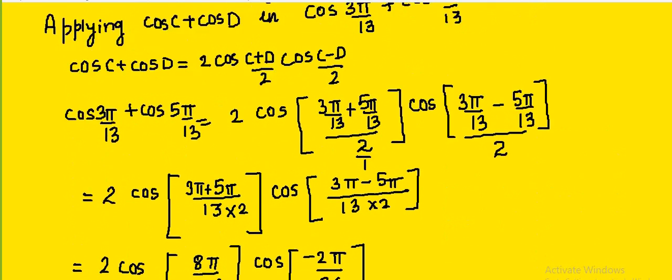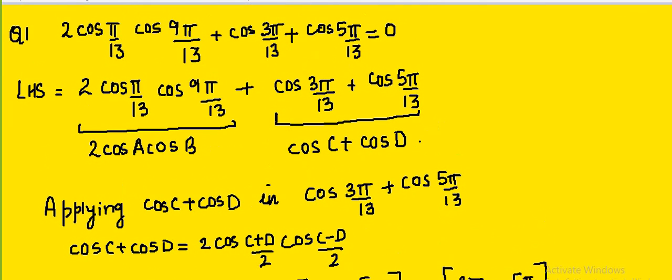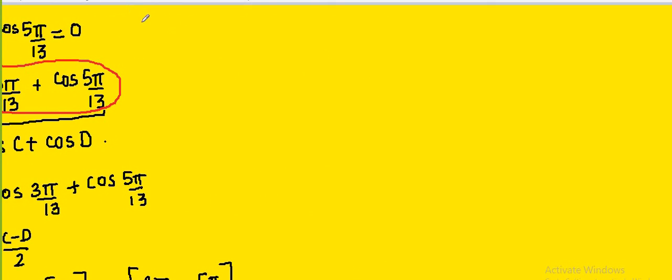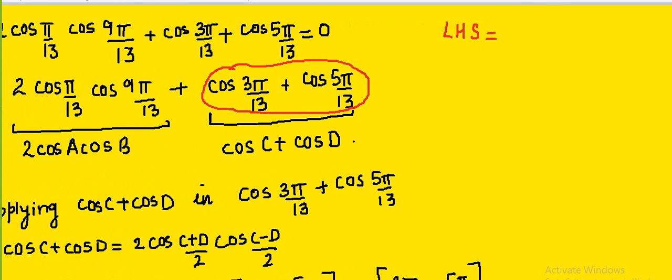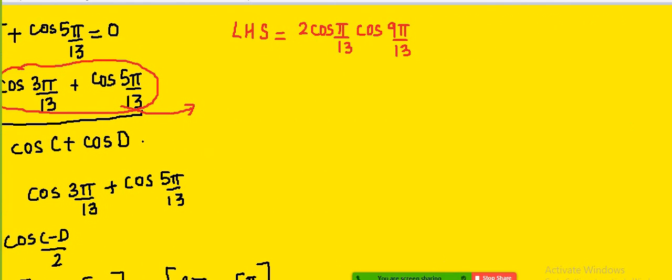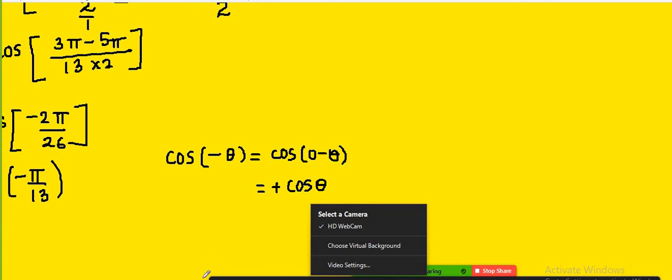Now what have we solved? Out of the whole question we have solved this, cos pi by 13 plus cos 5 pi by 13. So writing our LHS again. Our LHS was 2 cos pi by 13 cos 9 pi by 13, and we have solved this, and this value has come out to be this.